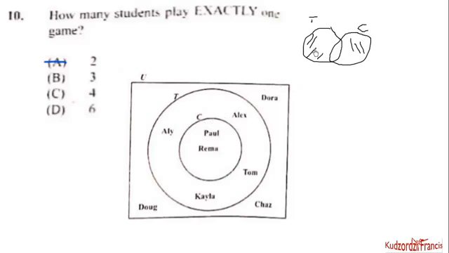So exactly one game will be this region, which is 0. We have 0 people playing that. Then this only tennis, we have 1, 2, 3, 4 people playing that. So 0 plus 4 will be equal to 4. So exactly one game is 4 people.